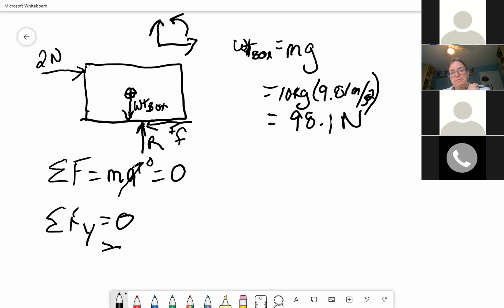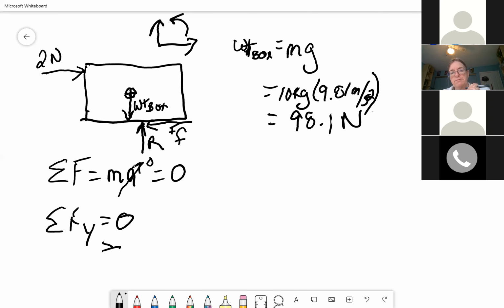Negative. R? Oh, whoops, sorry. That's okay. Positive. Yeah, exactly. Positive R. Is the weight negative or positive? Did I draw it in the same direction as positive Y or in the opposite direction? In the opposite direction, which makes it negative. Negative weight of the box. And all of that is going to equal 0 because it's not going up or down. It's stationary, not moving at all.